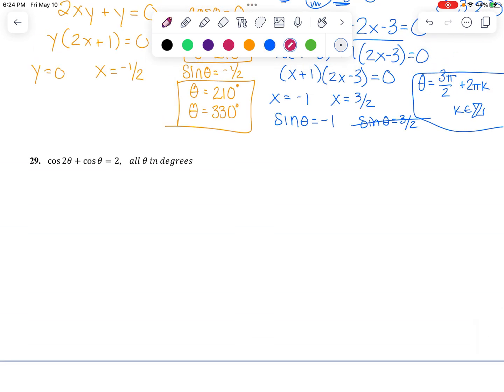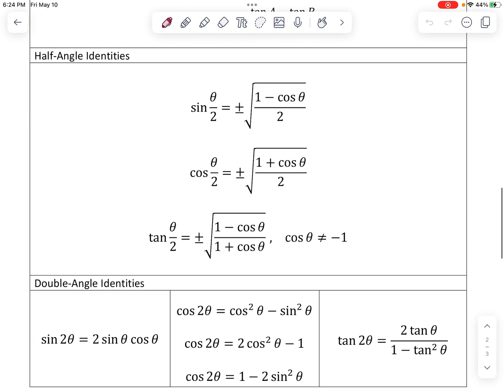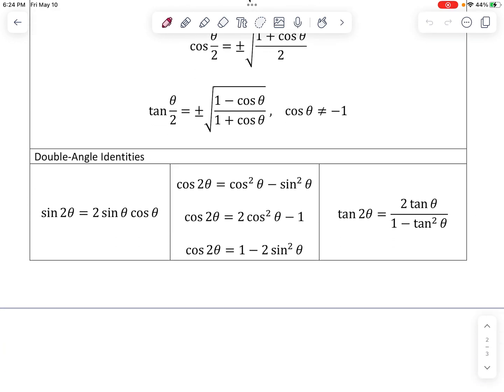Okay, final problem. Cosine of 2 theta plus cosine of theta equal to 2. Now, cosine of 2 theta has 3 different identities that work for it. The mixture of sines and cosines very rarely is going to help us in solving unless something cancels out.